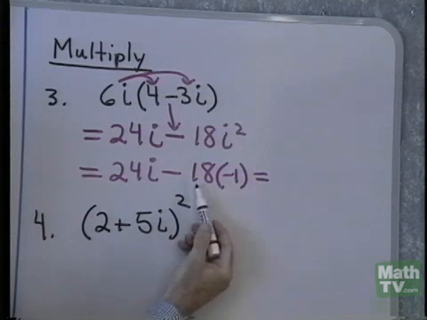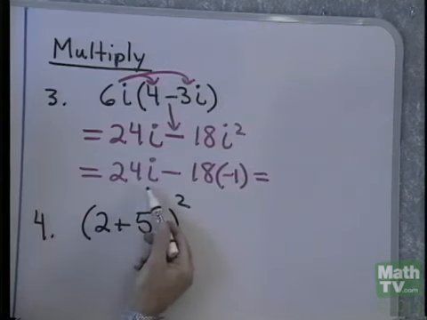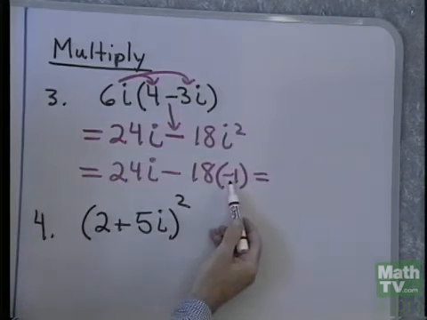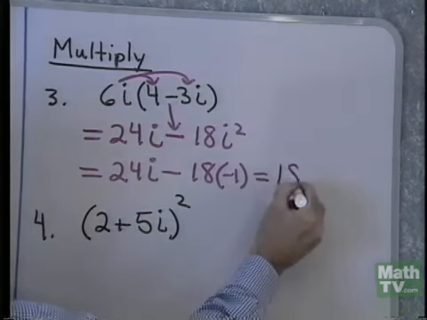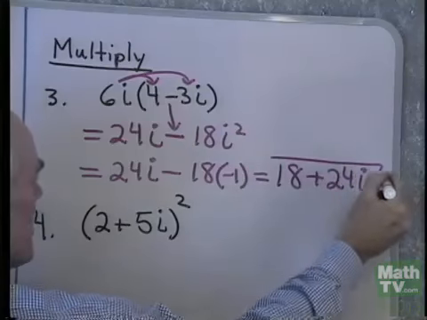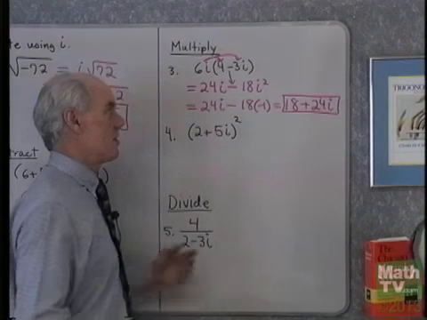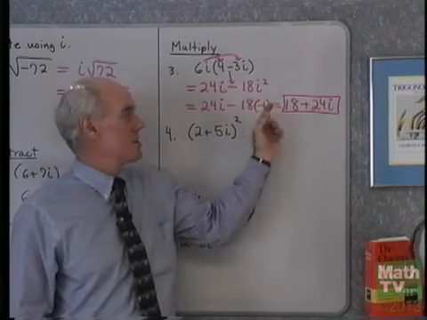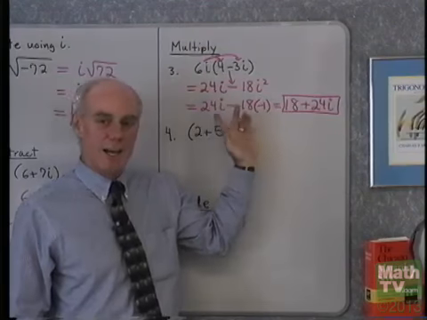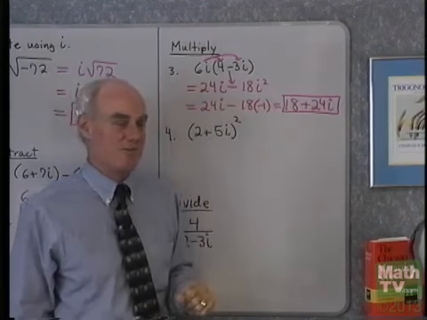Usually we write the real number part first and then the part that involves i second. So -18 times -1 is positive 18 plus 24i. So this kind of multiplication works just the same as multiplication with polynomials, except that if I run across an i squared, I replace it with -1, and that allows me to do a little more simplification.